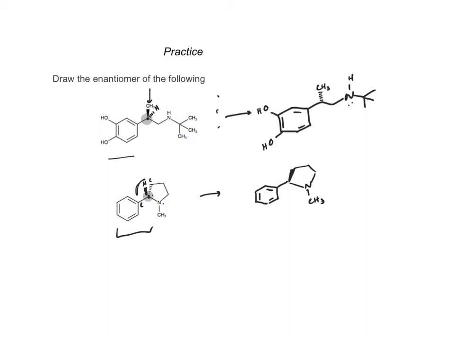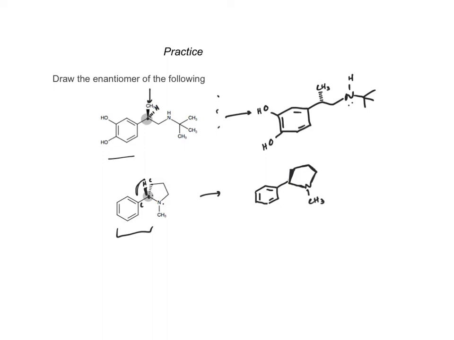Maybe you can make that prettier than I can, and maybe make this nice and thick to really denote the spatial arrangement. That's really ugly, so I'm going to erase this because it's irritating me. This guy is our wedge. It's coming out. It was going in. On the original molecule, the enantiomer of that is going to have that ring coming out.